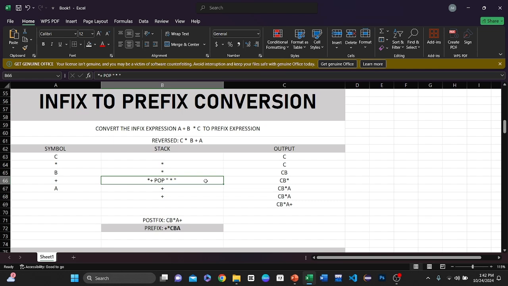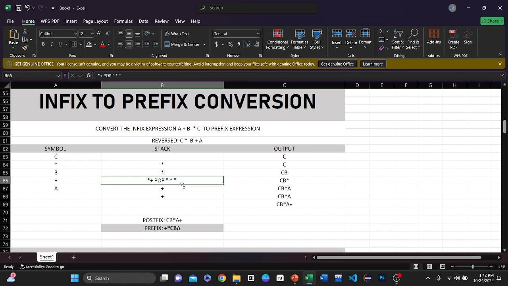Again, we have the rule that plus is lower priority, where the asterisk is higher priority than the addition. So we will pop the highest priority and add it to the output.